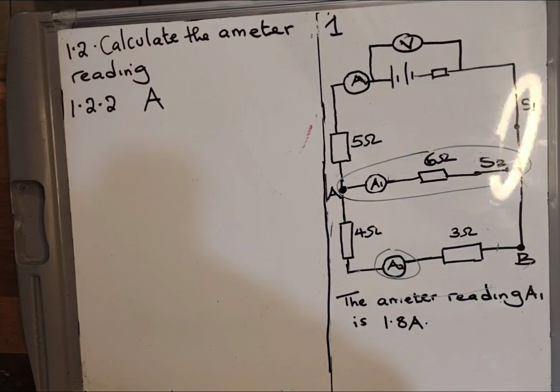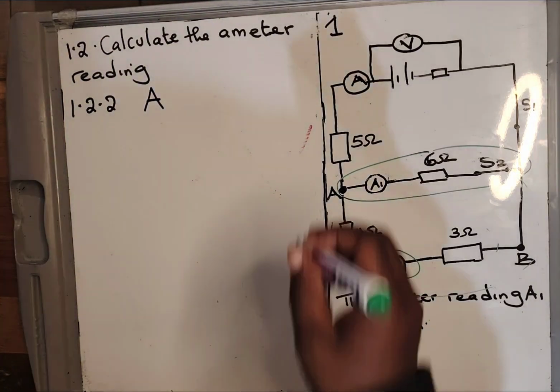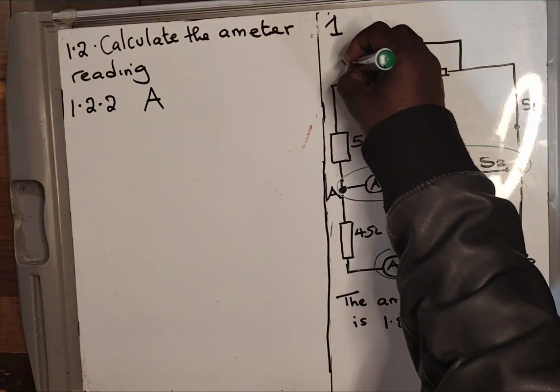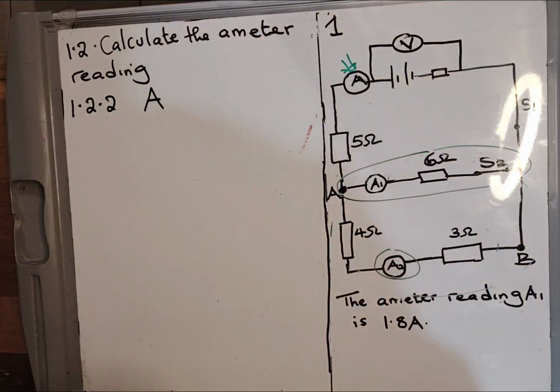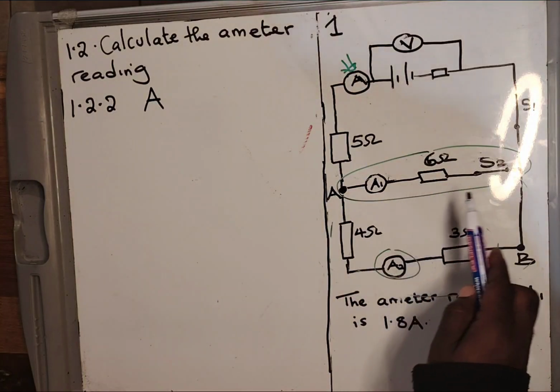So let us go to the next question. Then comes the next question, which is 1.2.2. It says calculate the ammeter reading A. And this is the A we are talking about. Now, when you analyze A very well, you'll see that A is standing in the main body.